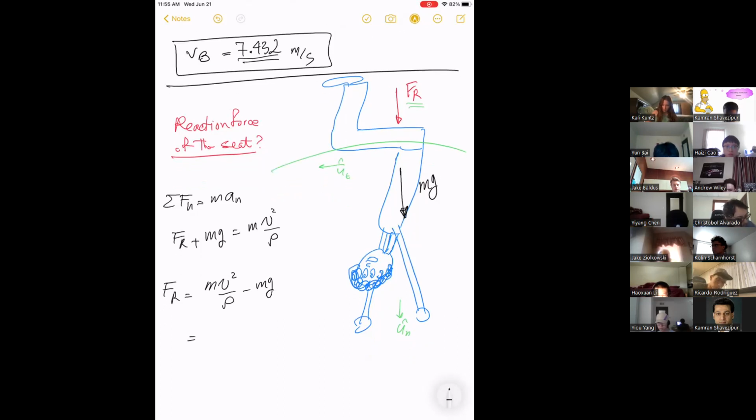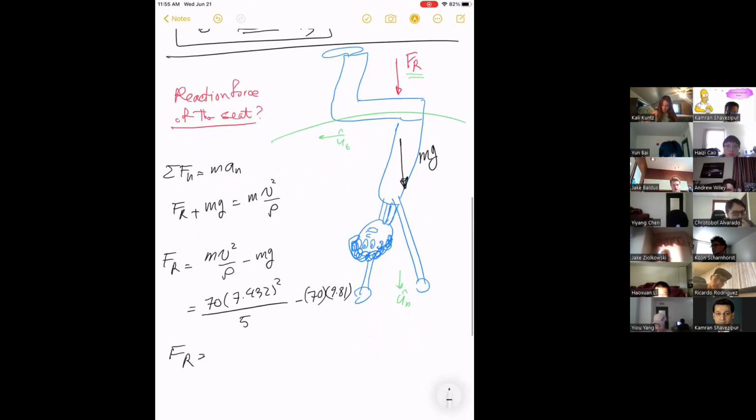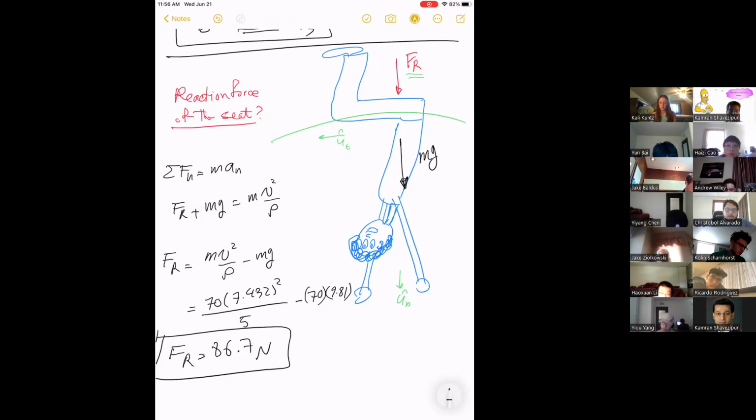And if you substitute the values of 70 kilograms, 7.432 square divided by 5 minus 70 times 9.81, you're going to get your FR as 86.7 Newton. Any question?